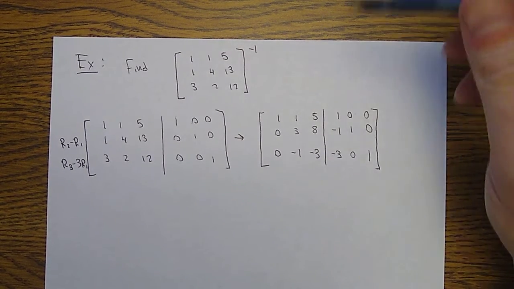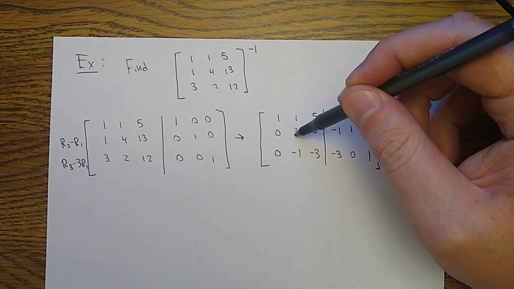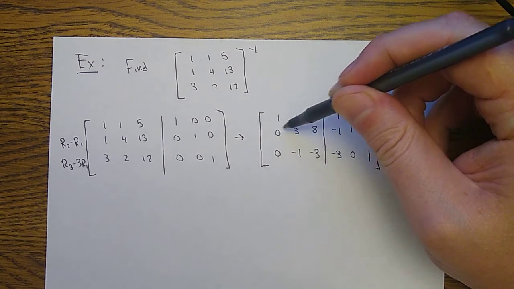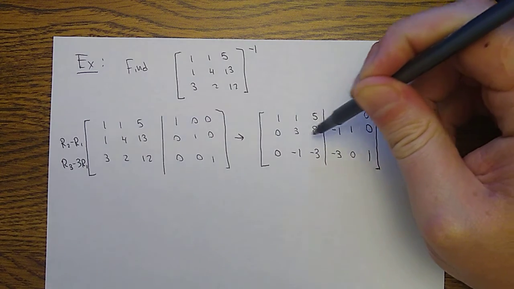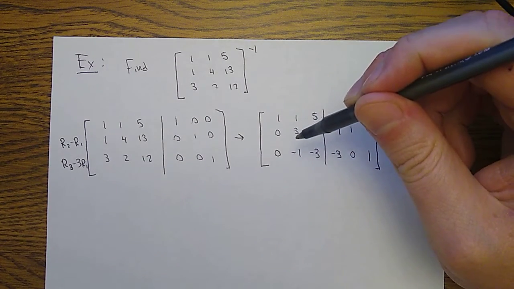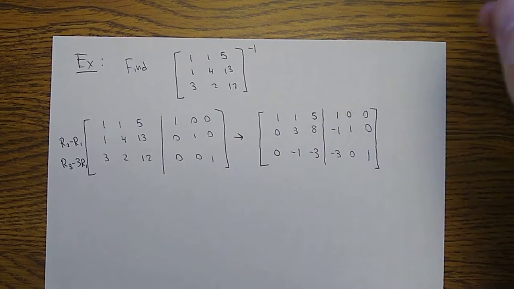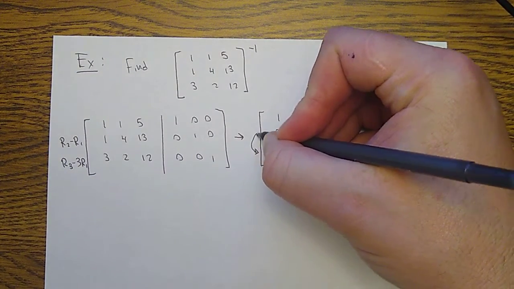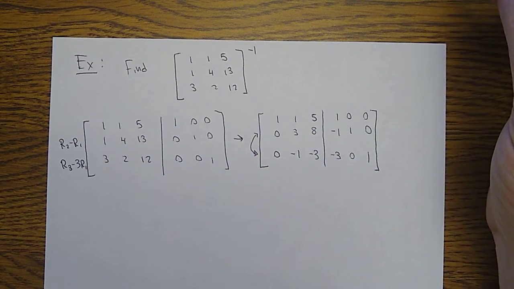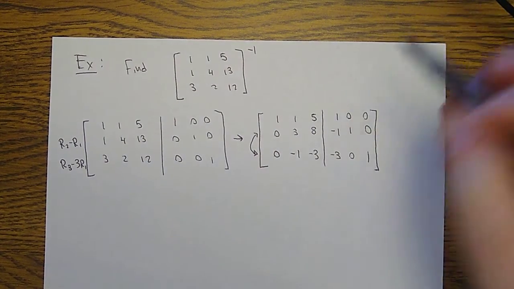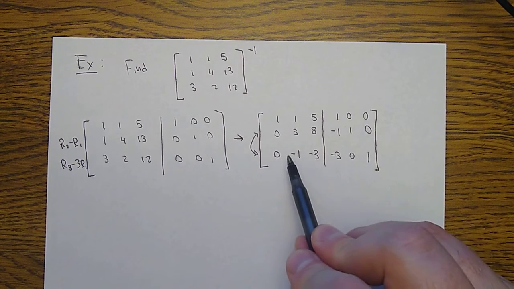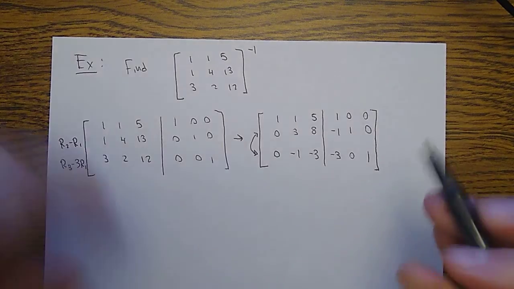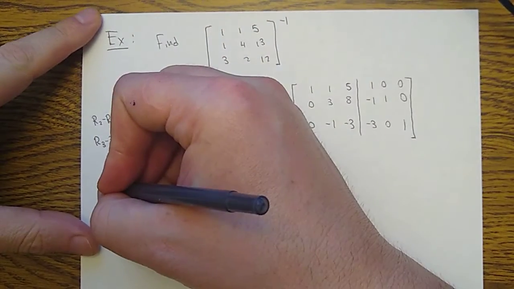Okay, good. The next thing I would want is a 1 here. I could divide this row by 3, but I would like to avoid that. What I can do instead is swap these. And if you'll forgive me, let me do two things at once, because of course once I swap these, I'm going to want to run a negative sign through this to make this a positive one. Let me do both of those things at the same time.